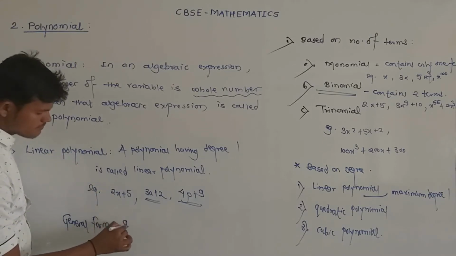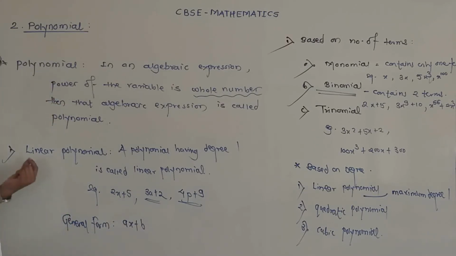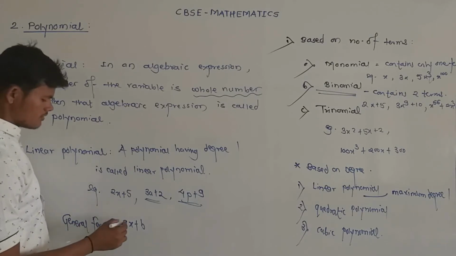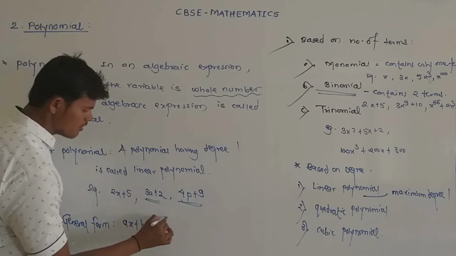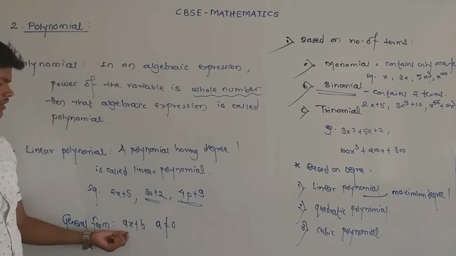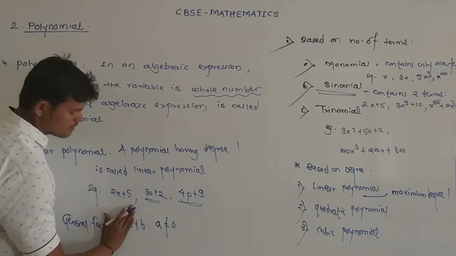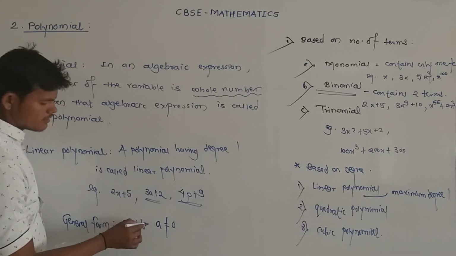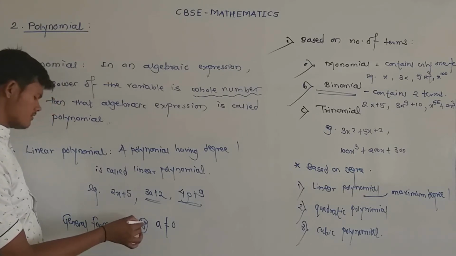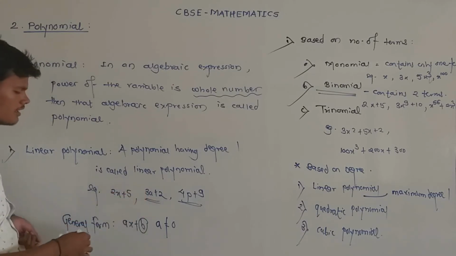So we get ax plus b as the general form of linear polynomial in one variable, where a is not equal to 0, because if a is equal to 0 then the first term becomes 0, so we get only the constant term, and that means the maximum power of the given polynomial is 0, and if the maximum power is 0 then it is not a linear polynomial.